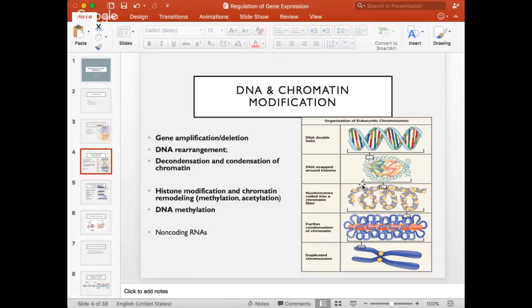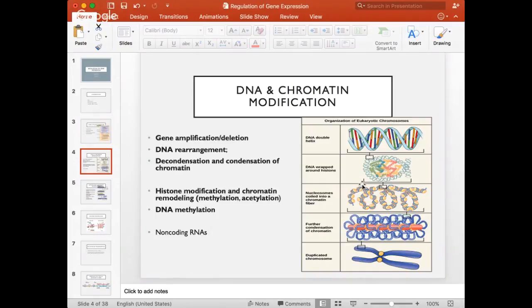And there are ways to regulate gene expression at the genome level. I'm going to start with gene amplification and deletion. Basically, I would start by saying that the cell tries to avoid any way of using energy that is not necessary, like using energy on something you don't need.